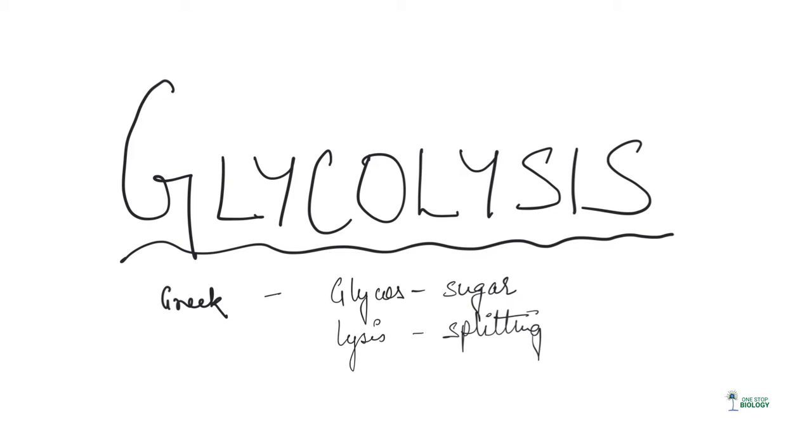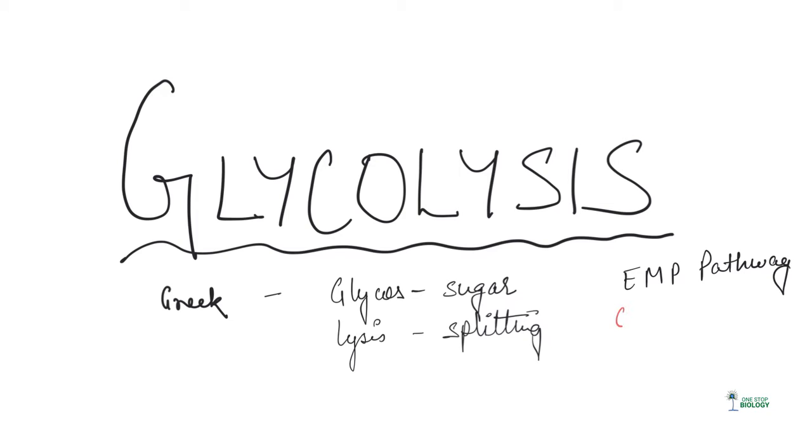And this scheme of glycolysis was basically given by three scientists. Apart from this, this cycle is also known as EMP pathway, which is on the name of the three scientists.